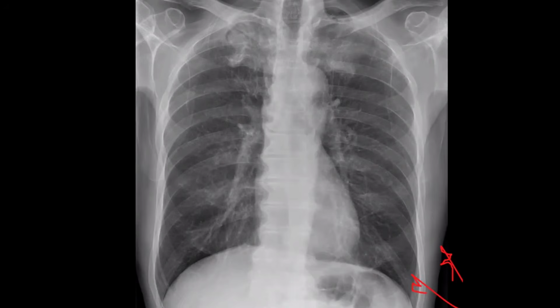Both costophrenic angles are normal. Cardiophrenic angle is normal. Cardiothoracic ratio is normal. The bony structures are within normal limit. Apart from the opacity, I cannot see anything else.